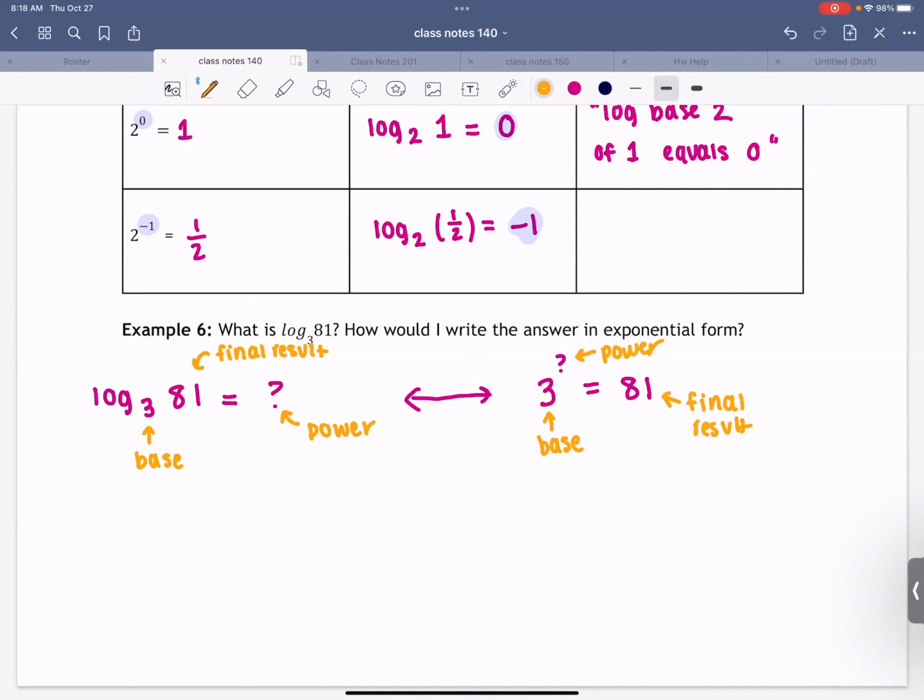I'm just rewriting this in terms of how I would solve it. Essentially we're doing exponentials, but backwards. We're doing an inverse of an exponential function.